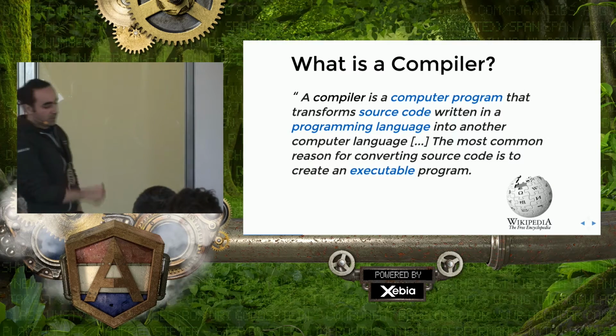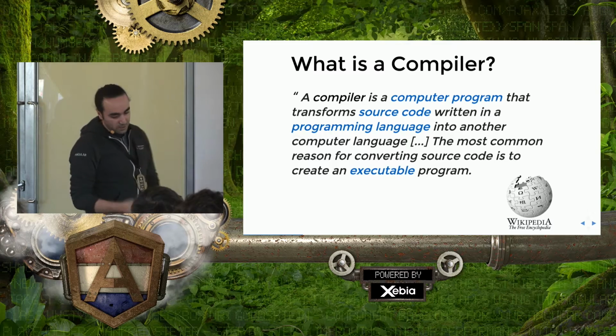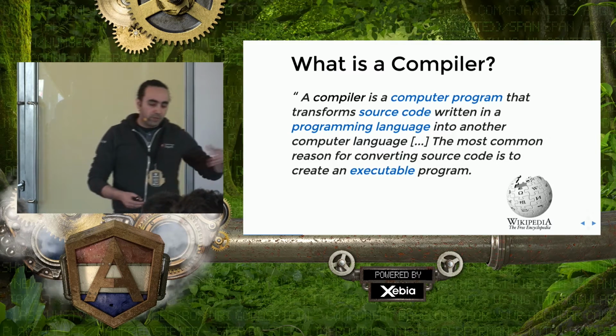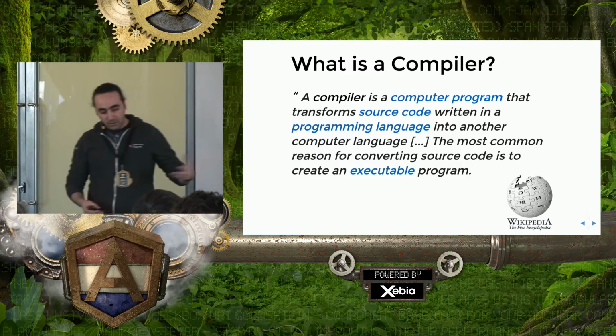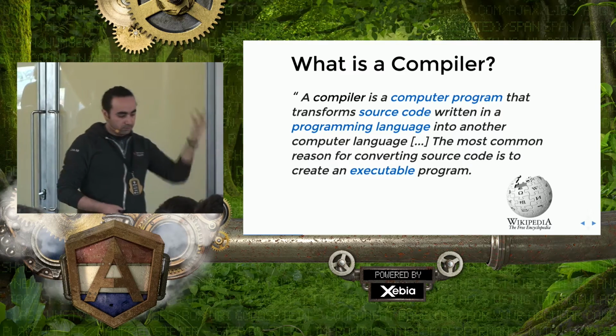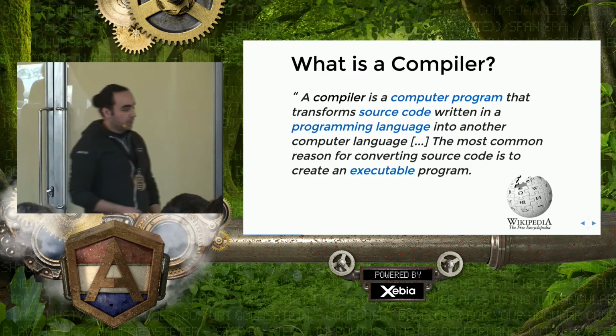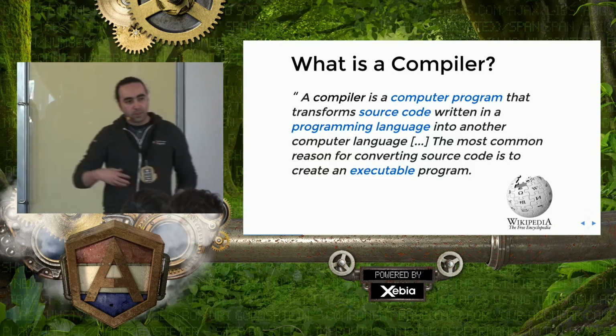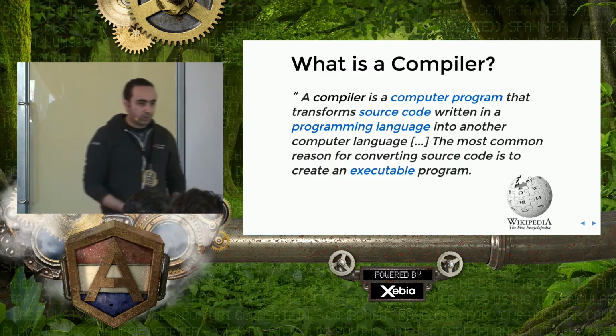So just ask Wikipedia, what is a compiler? A compiler is a program that transforms some source code written in any language into, usually, a computer language, machine code.